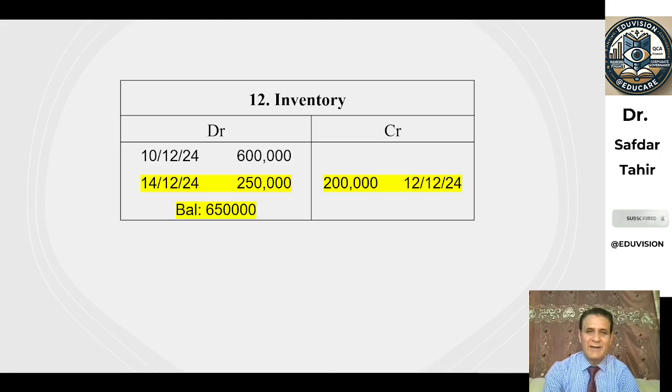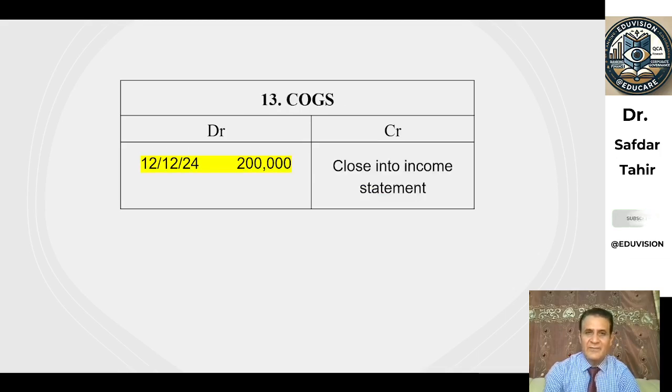And this is the inventory account. On 31st December, the balance of the inventory is 6 lakh 50,000.